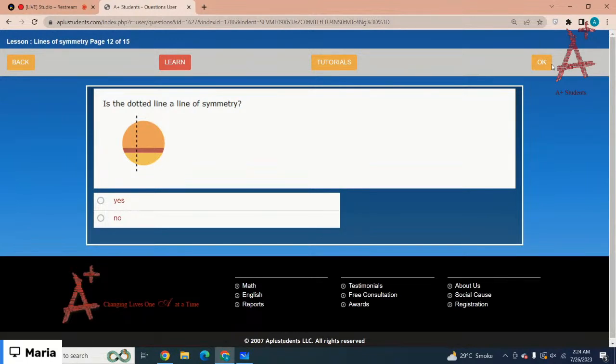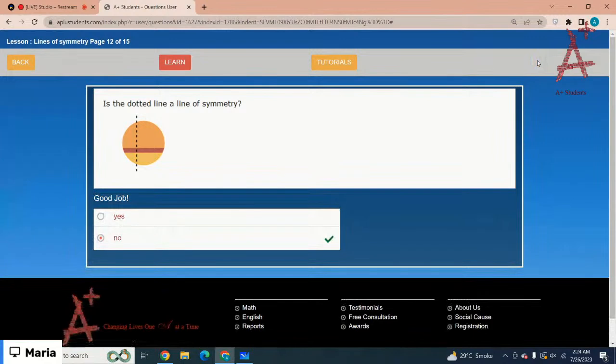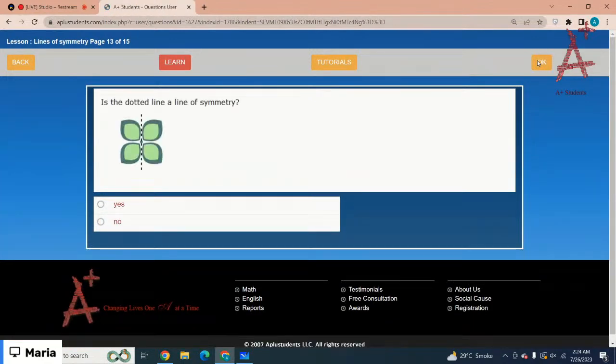Is the dotted line a line of symmetry? The correct option is no. The dotted line is not a line of symmetry. Is the dotted line a line of symmetry?